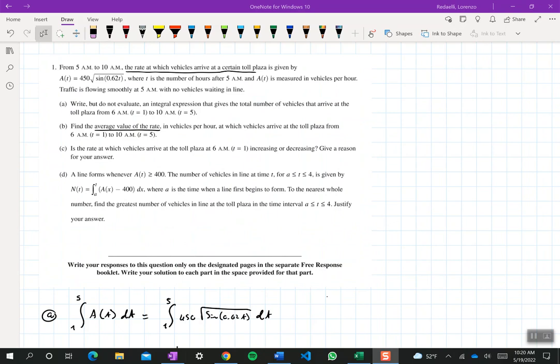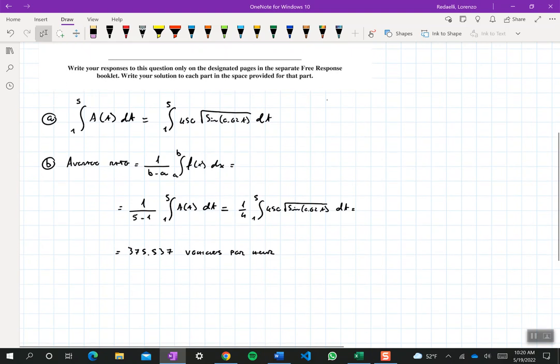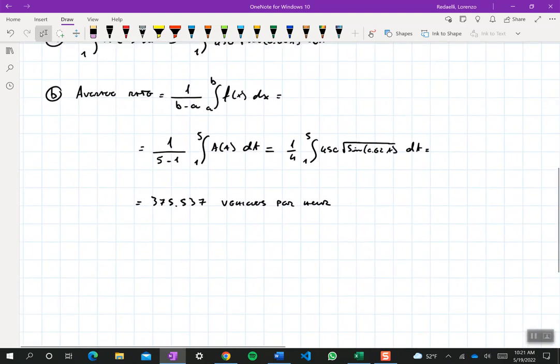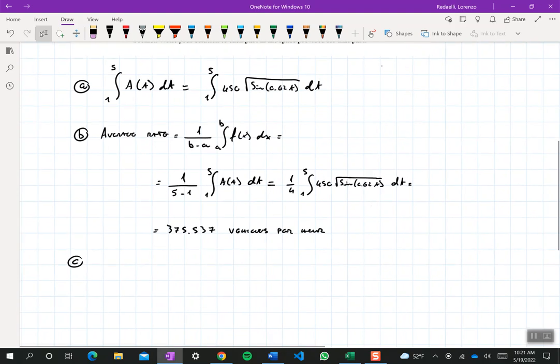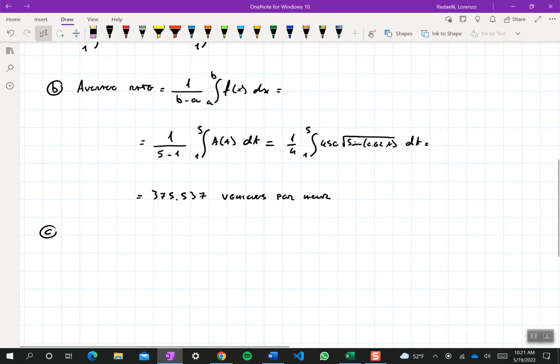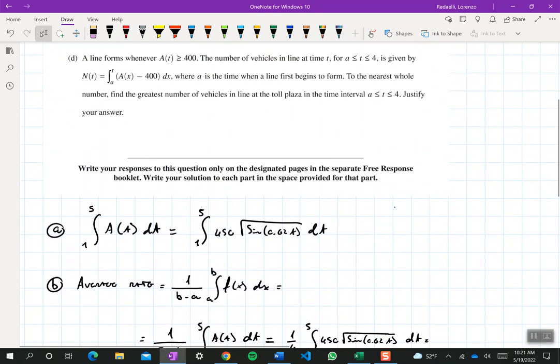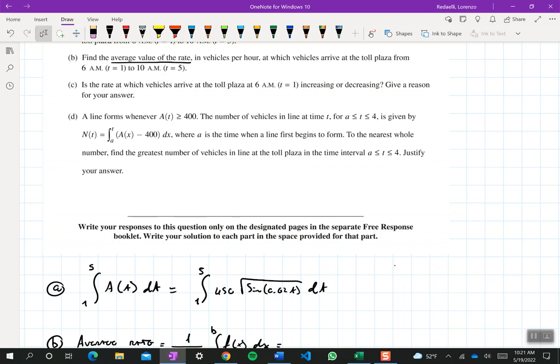So now we can move on to part C, which is asking if the rate at which vehicles arrive at t equals 1, so 6 a.m., is increasing or decreasing. Since the question is asking about increasing or decreasing, we can immediately think that this is going to ask for a first derivative of the equation given, and this is precisely what it's asking for.